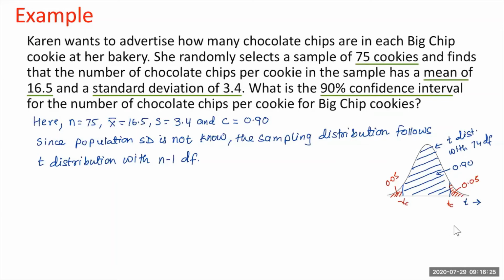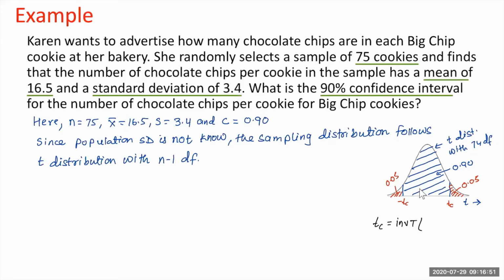Now we need to find this t sub c because we'll be using that. So let's find t sub c using the TI-84 calculator. t sub c is the inverse t. On your TI-84 calculator, you go to second VARS and number 4, inverse t, which takes the area to the left of t sub c.